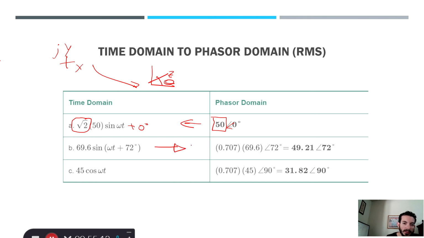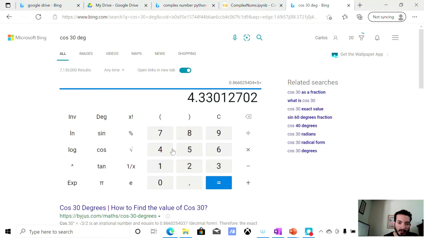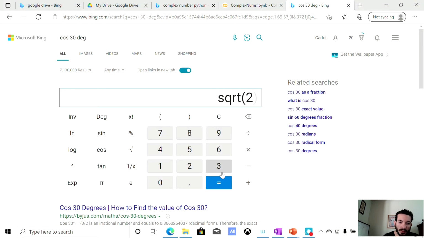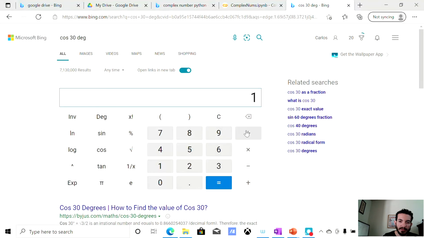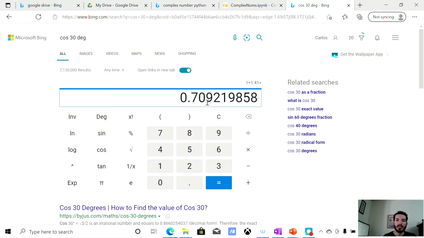or our polar coordinate system, you would have to do 1 divided by square root of 2. So let's do square root of 2, and 1 divided by 1.41 equals 0.707.